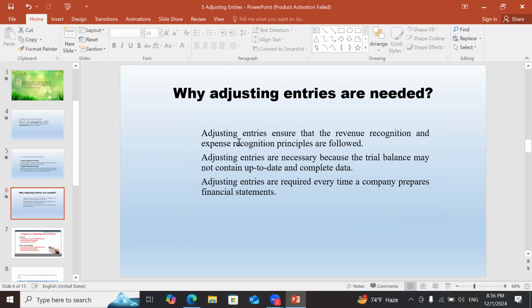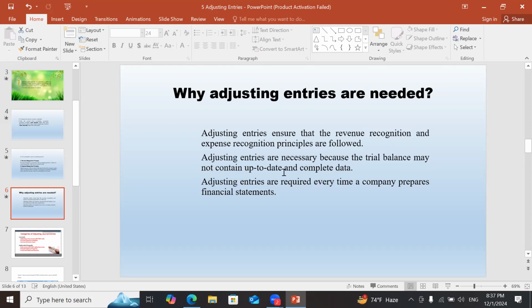Why are adjusting entries needed? A huge number of points show the need for adjusting entries. Out of these, I try to highlight three points here. Adjusting entries ensure that the revenue recognition and expense recognition principles are followed. Adjusting entries are necessary because the trial balance may not contain up-to-date and complete data.